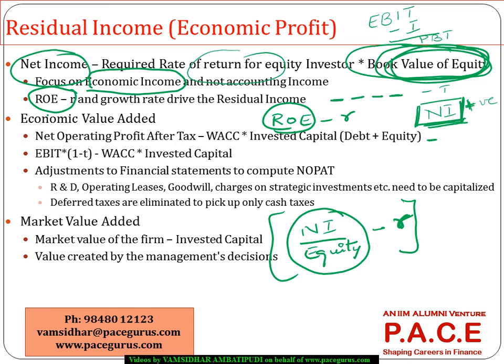So ROE minus R is a key factor, and at the same time the growth rate, the rate at which the company is planned to grow. Why am I bringing in the growth rate? Growth rate is what will contribute. We have earlier looked at the growth being ROE times the retention ratio. So if the growth is very high, I can expect that over the future the residual income is also going to go up.